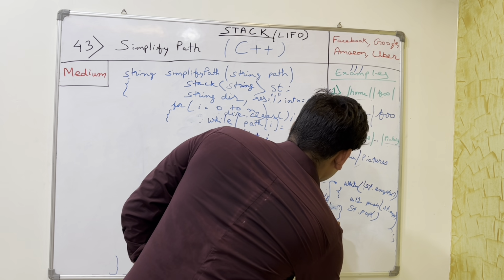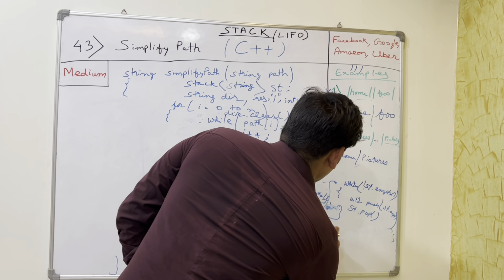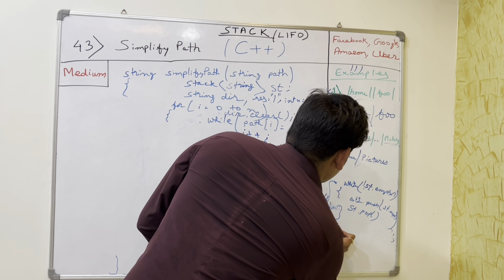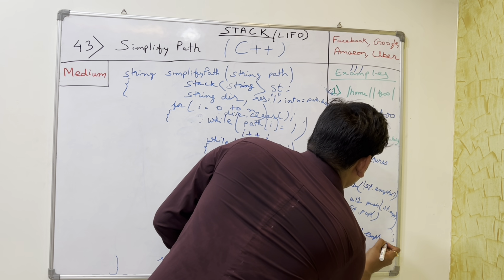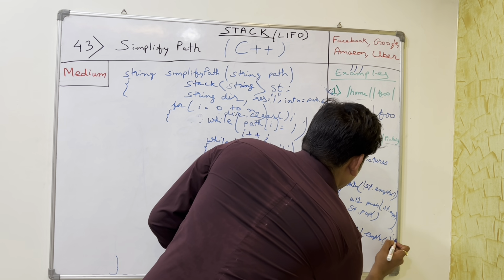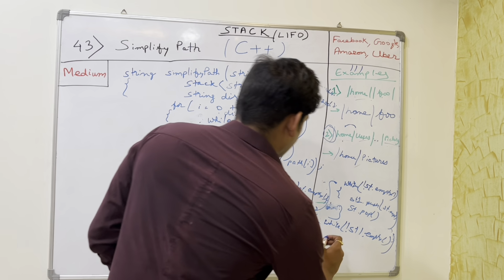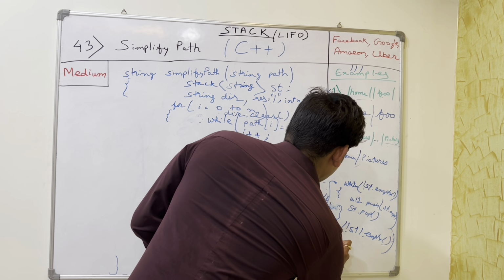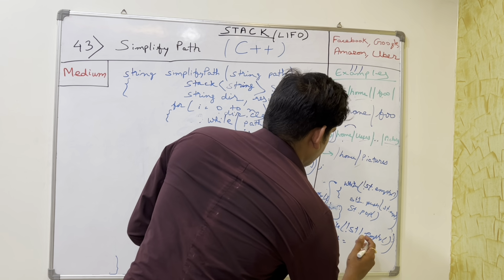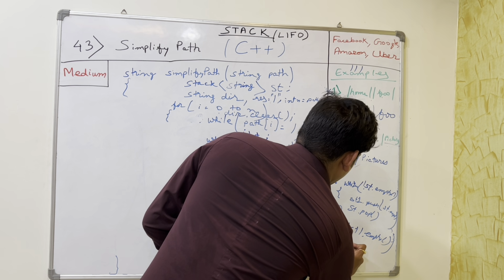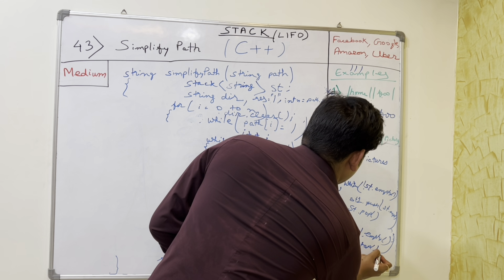We traverse stack 1. Okay, so while stack 1 dot empty, while this stack 1 is not empty, then what do? We add to result, result dot append st1 dot top, right?